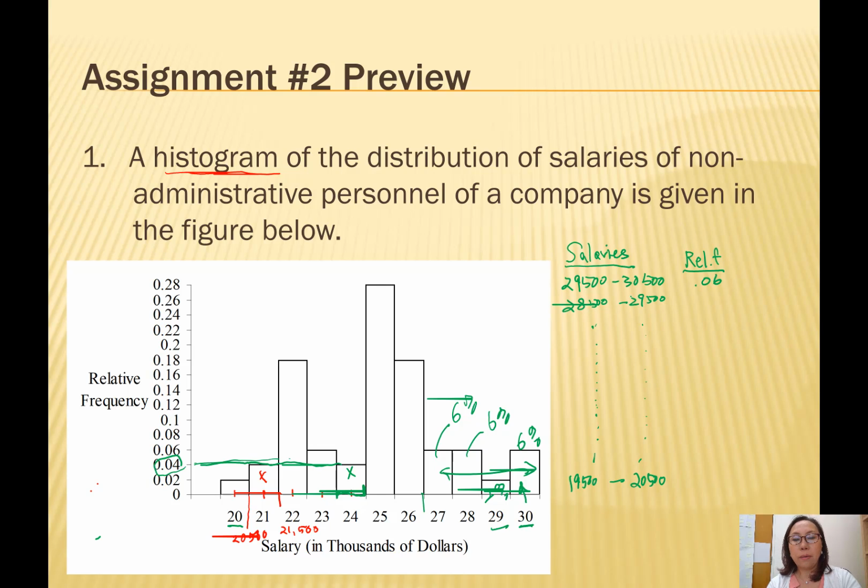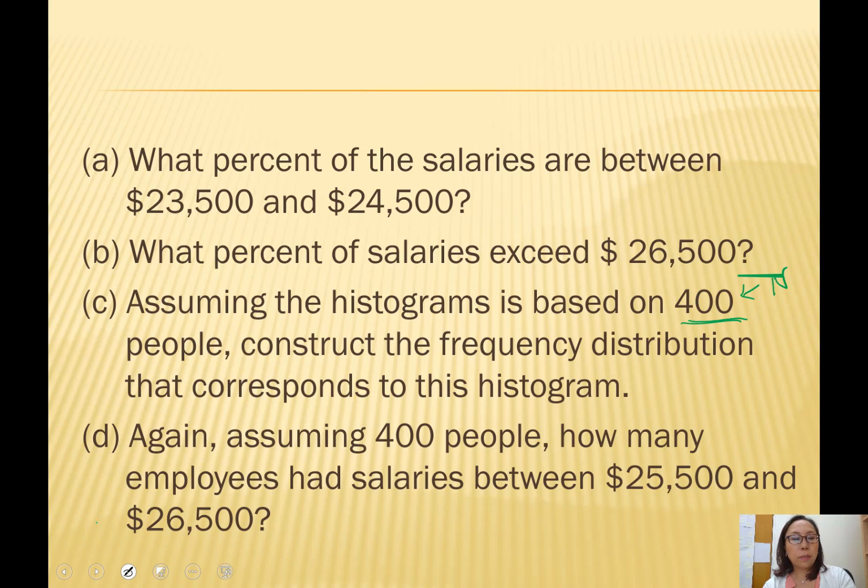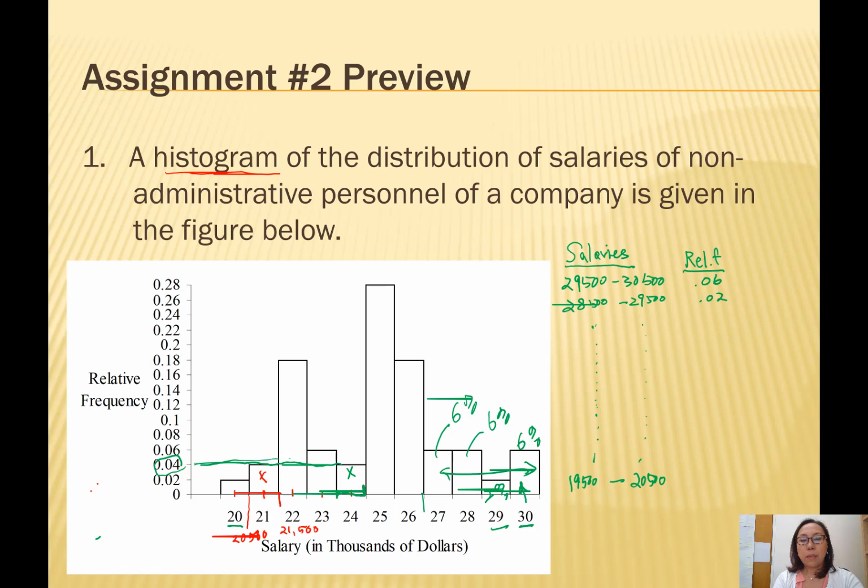And the next one down, for the number 29, the salary bracket there, the relative frequency is 0.02. And then we're going to list all those things down. And what would you say is the relative frequency above the number 20? All the way at the bottom, it would be another 0.02. Okay. So this much we're getting out of the graph.